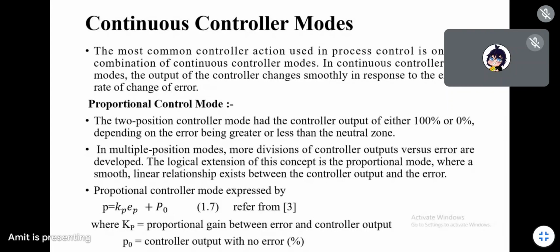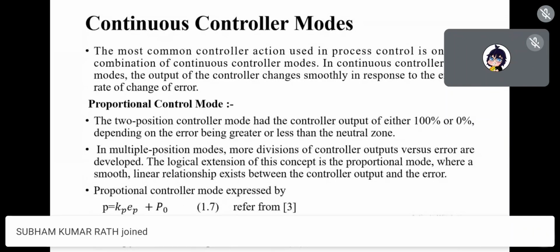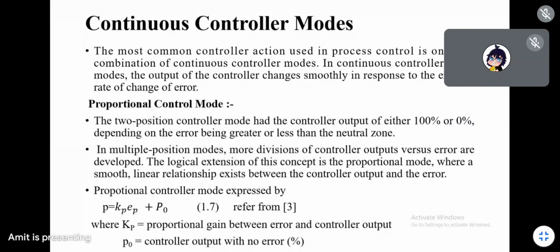When you select only proportional, it is a single control mode. When you add proportional and integral, that is a composite control mode, or PI control mode. Like that, you can add PID and PD.